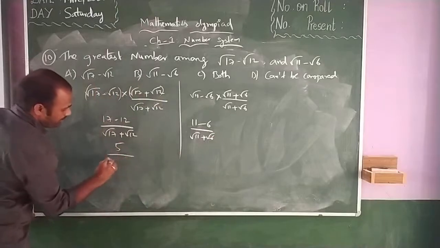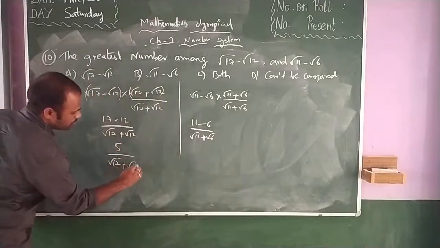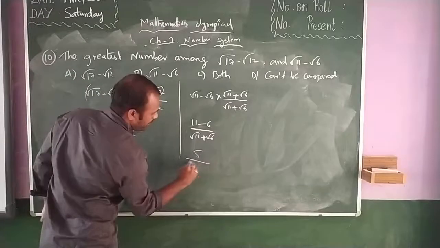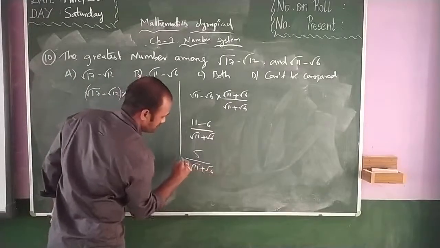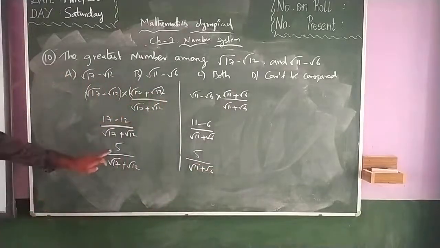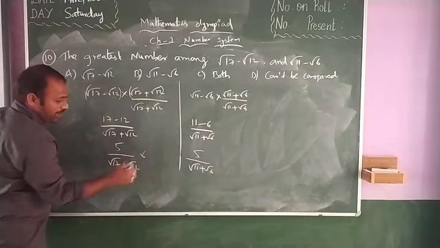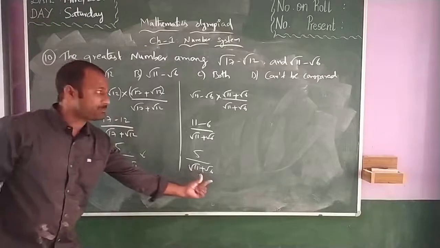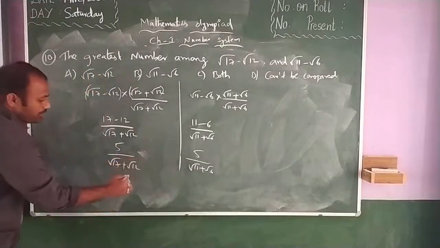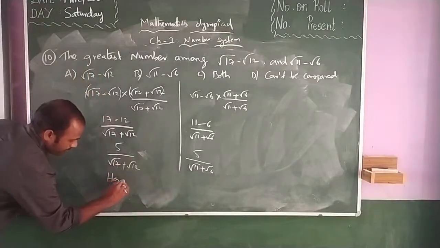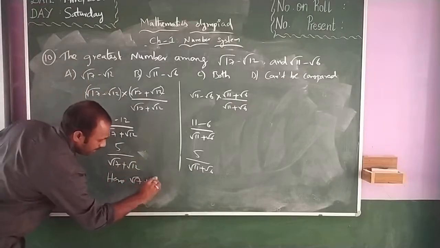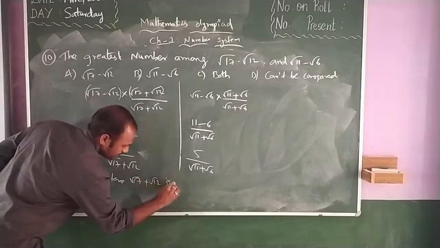So 5 by root 17 plus root 12, and here also 5 by root 11 plus root 6. If you observe, the numerators are equal, so whichever denominator has the greatest value, that fraction will be the lowest. In these two, root 17 plus root 12 is greatest.